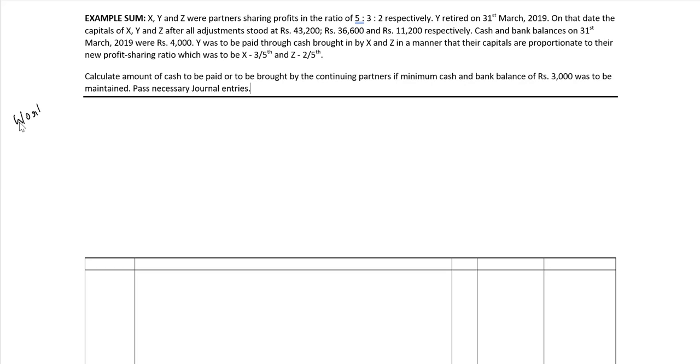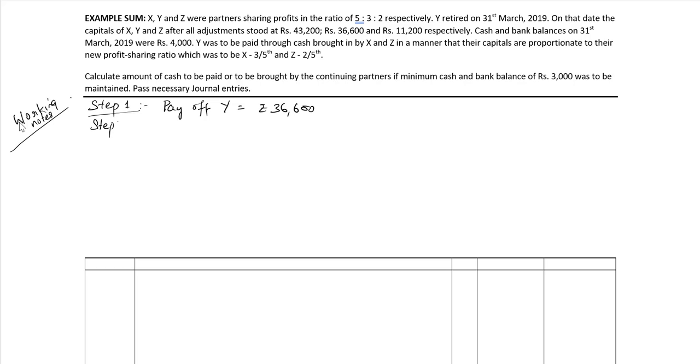Working notes. Step 1. The retiring partner is Y and we need to pay him off. So step 1 is pay off partner Y. The amount due to him is rupees 36,600. We'll pass the journal entry later.